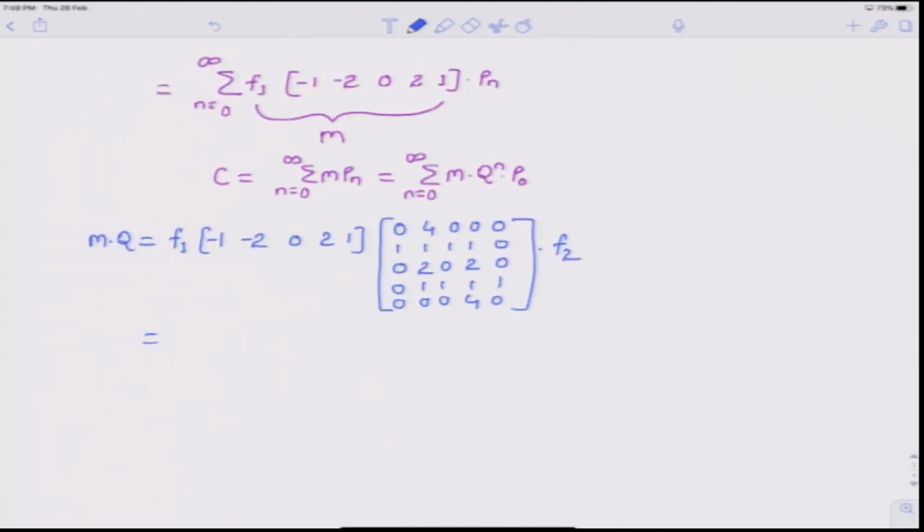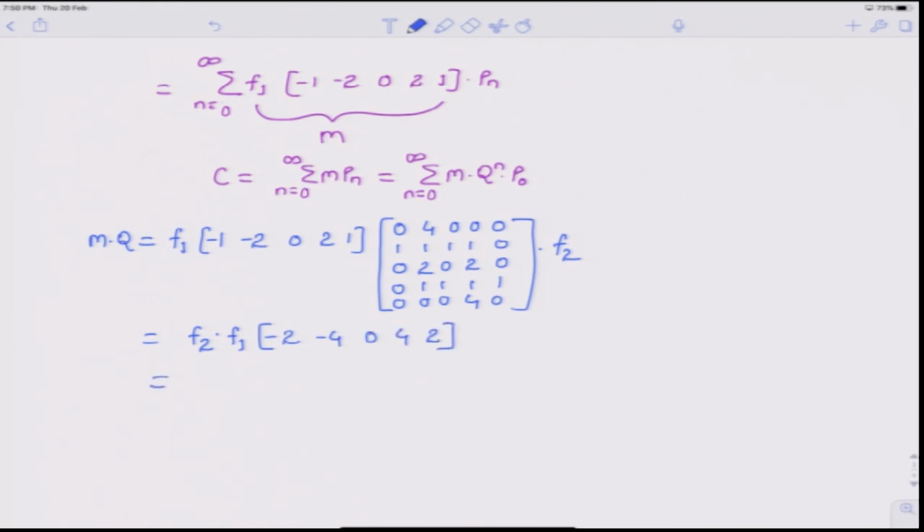So, this should be equal to F2 times F1 times, if we make this multiplication of the two matrices, minus 1 0, minus 2 0 0 0. So, this should be minus 2, minus 4 0 4 2.